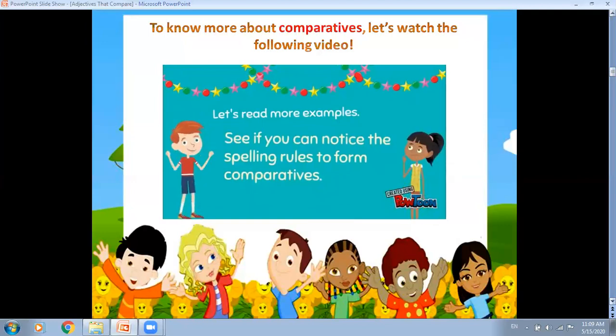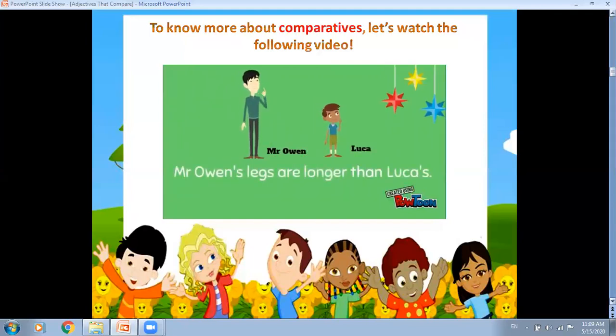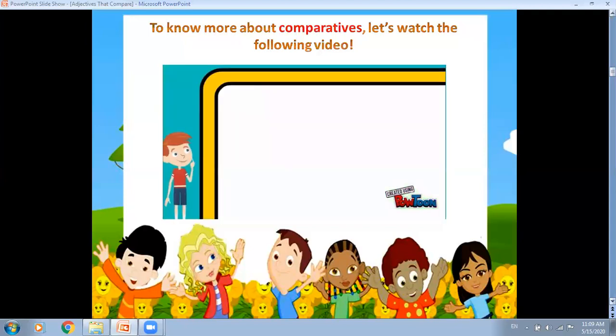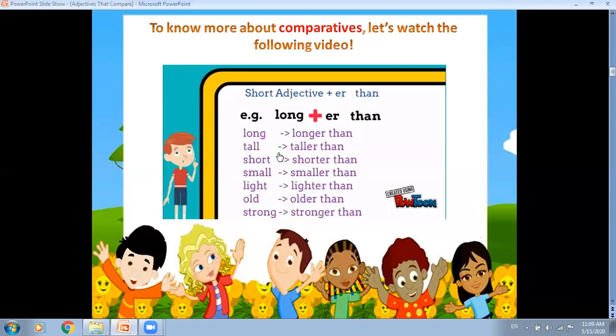We are going to read more examples to notice the spelling rules. So, the rule says that to form comparatives, we have to add to the adjective er and the word than.